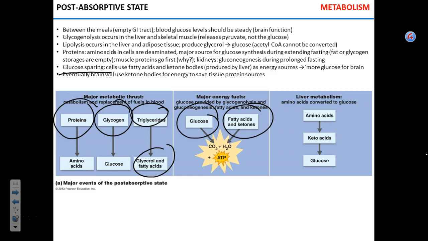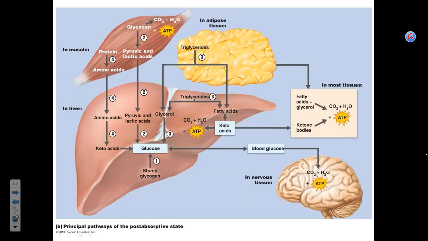Amino acids in the liver will be converted to glucose. Okay? Because you're starving. There's no exogenous glucose coming in. So your body tries to produce glucose. This is pretty much the opposite. So look, in the muscles, glycogen is converted to pyruvate.